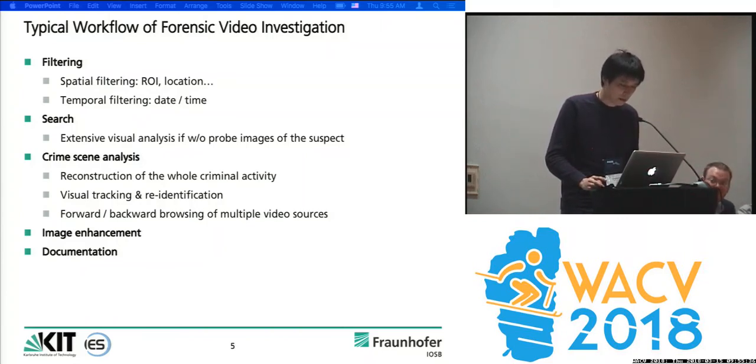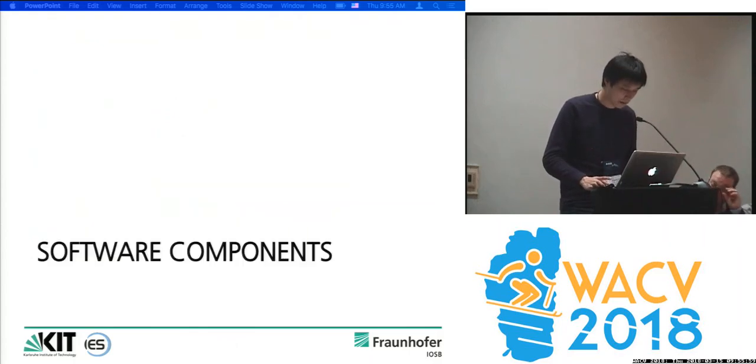For crime scene analysis, we have to play forward and backward in the video data to reconstruct the scene. Sometimes when the image data is not good enough, we have to apply enhancement. Also important is that for the documentation, we have to log all the steps so that the evidence will be valid in court.